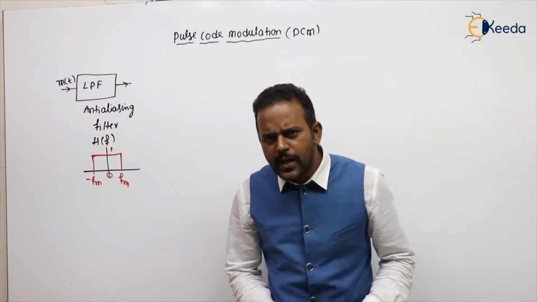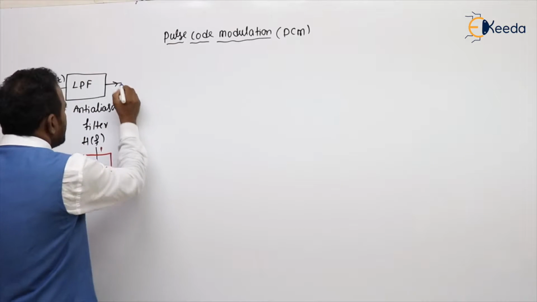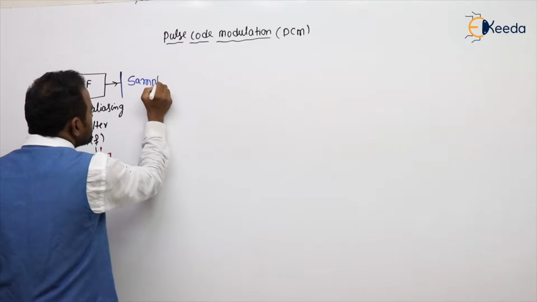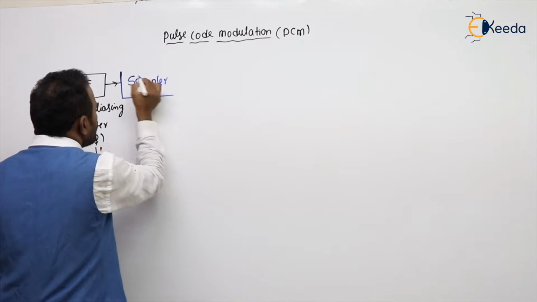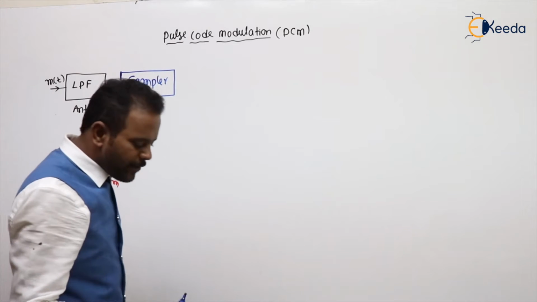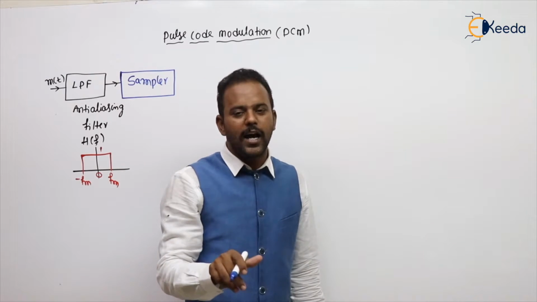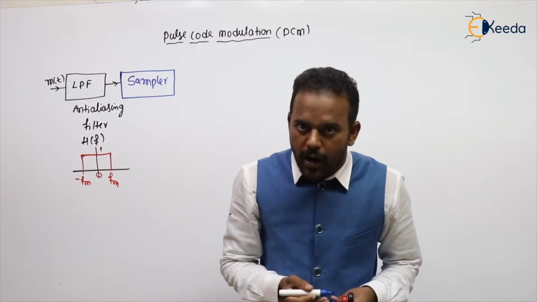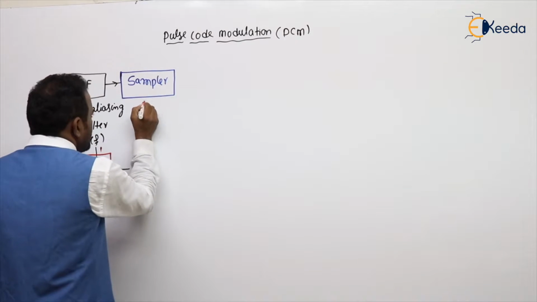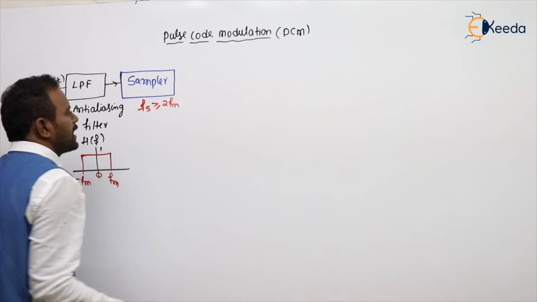What is the next block, sir? What is the next block in PCM? The next block in PCM is nothing but the sampler. What is the work of the sampler, sir? The sampler will convert the continuous time signal into a discrete time signal without any information loss, provided that the sampling rate fs is greater than or equal to 2 fm samples per second.